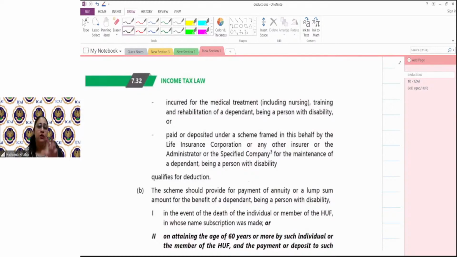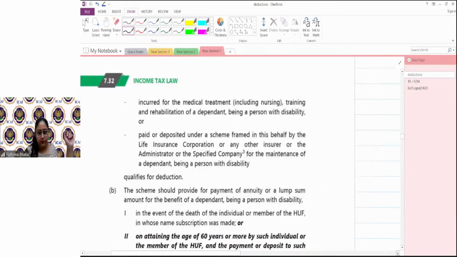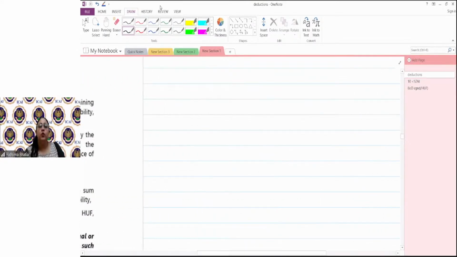Here, the deduction which we are talking about is for the assessee who is maintaining that dependent disabled, either through general maintenance or through the medical treatment, or he is depositing an amount for the insurance of the dependent disabled, so that on the death of the assessee, there can be some annuity or lump sum amount which the dependent disabled receives so that he or she can be maintained.